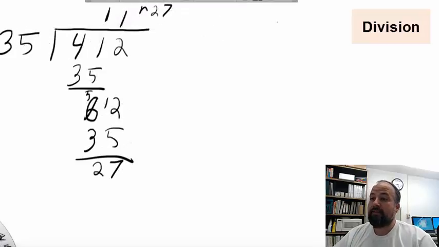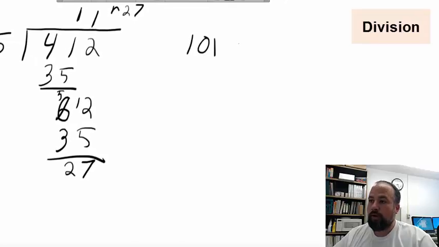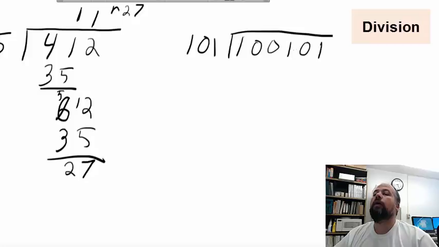Alright, by the same token, if I have 101 and I'm dividing that into 1000101, it works exactly the same way. We have 101 cannot be divided into 100.